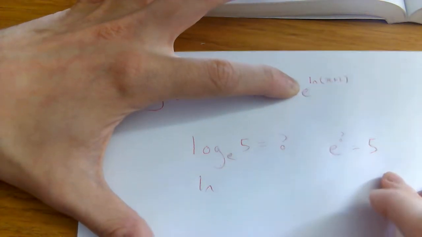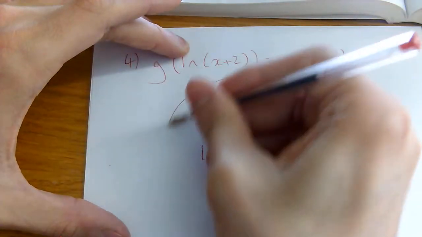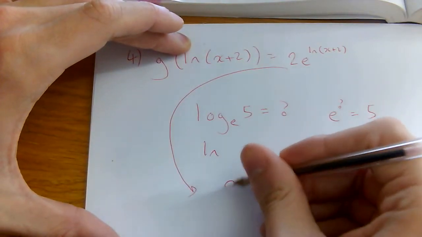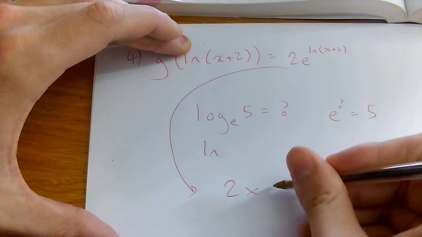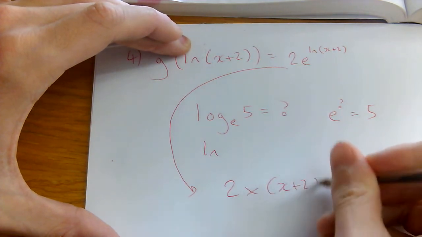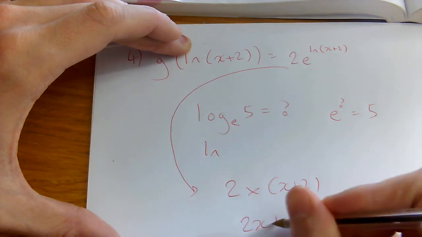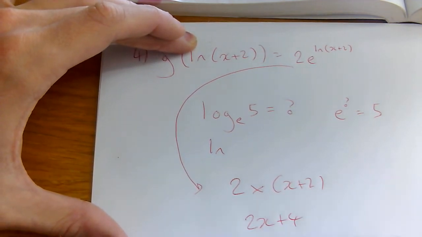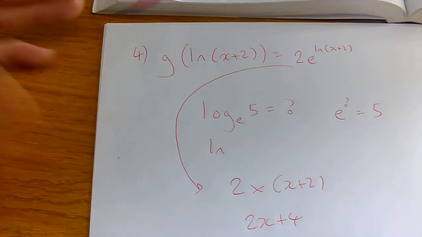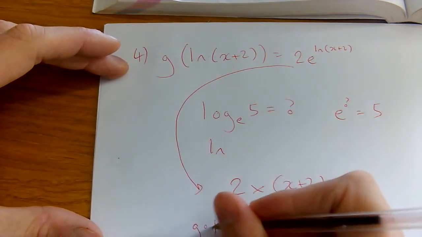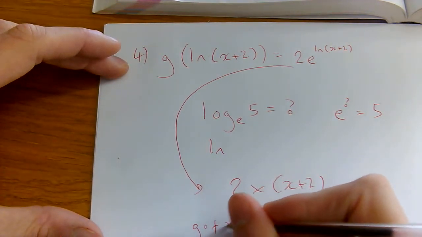Hopefully that makes sense, the way I phrased that. So that then is going to simplify to 2 multiplied by (x plus 2), which you can expand to 2x plus 4, which is the function you're looking for. So that is the composite function gf(x).